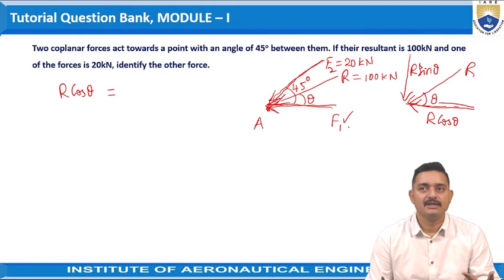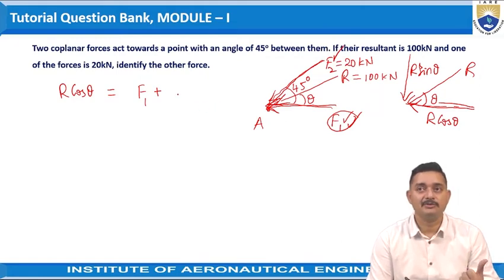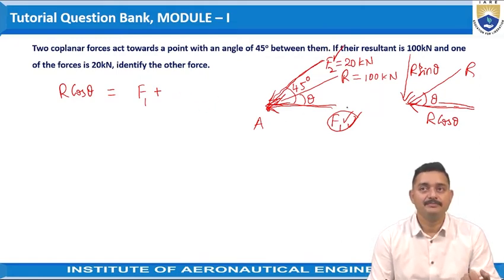F1 is the horizontal force, and the horizontal component of force F2 would be F2 cos 45 degrees.